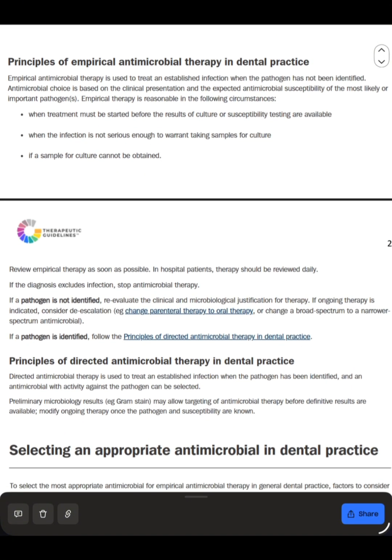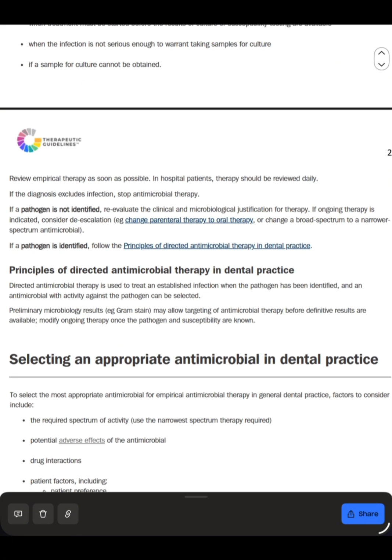Then we learned about empirical, which means that infection has been established, but the pathogen has not been identified. And now we are learning about directed antimicrobial, which means that the infection has been established and the pathogen has been identified.